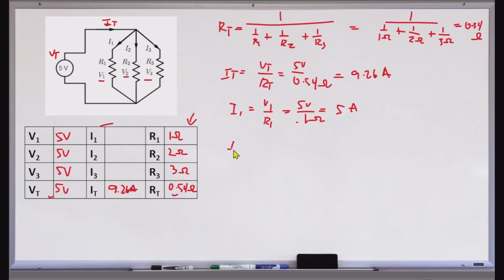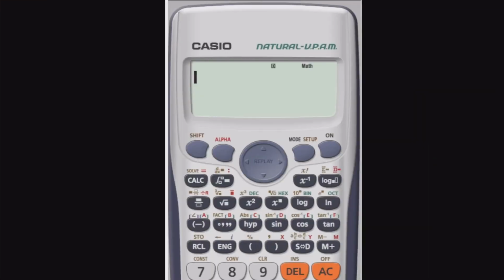Now for I2, that's 5 volts over R2, which is 2 ohms. 5 divided by 2 gives us 2.5 amperes. For current 3, that is 5 volts divided by 3 ohms, which is 5 divided by 3, and that gives us 1.6.